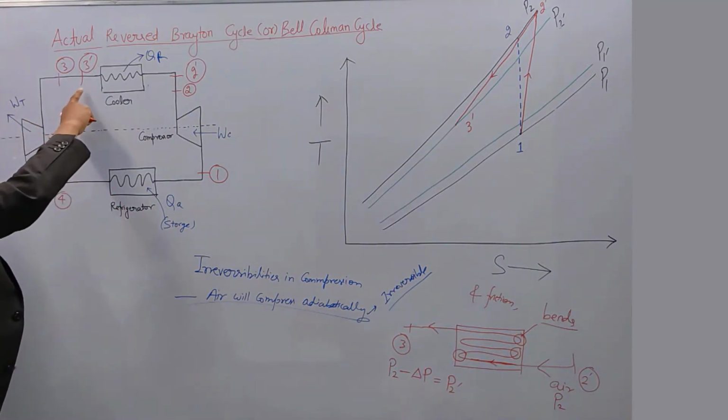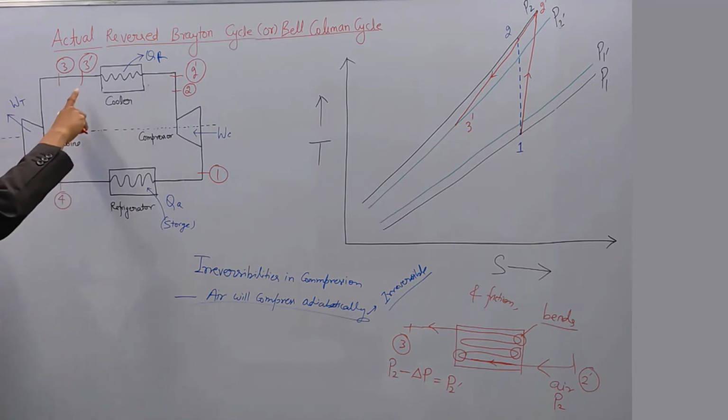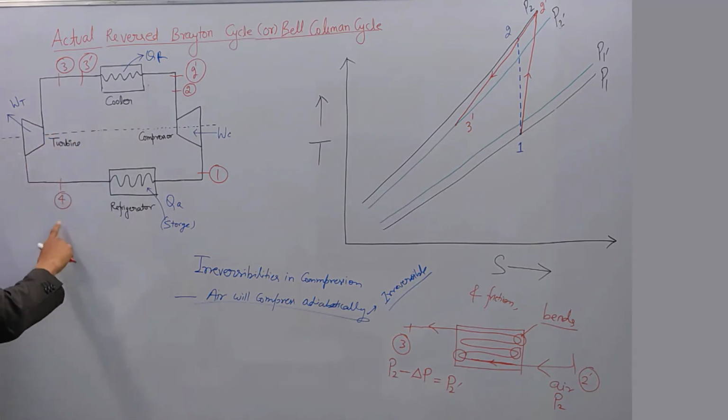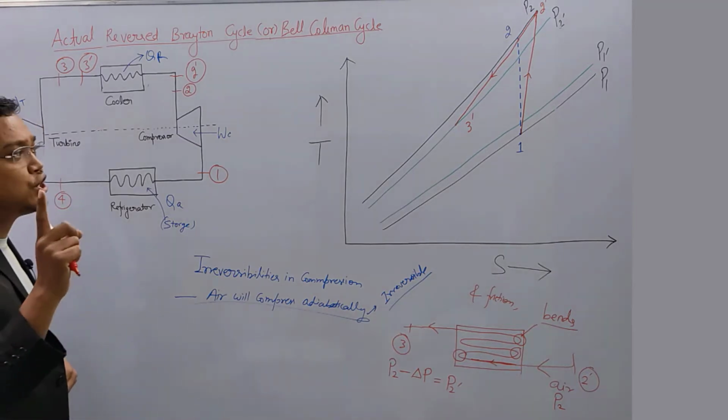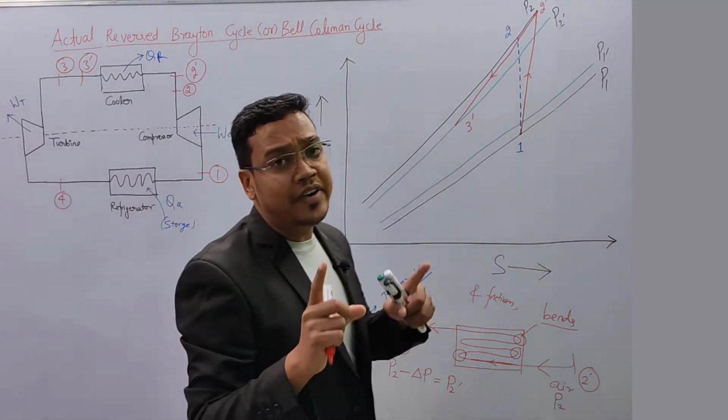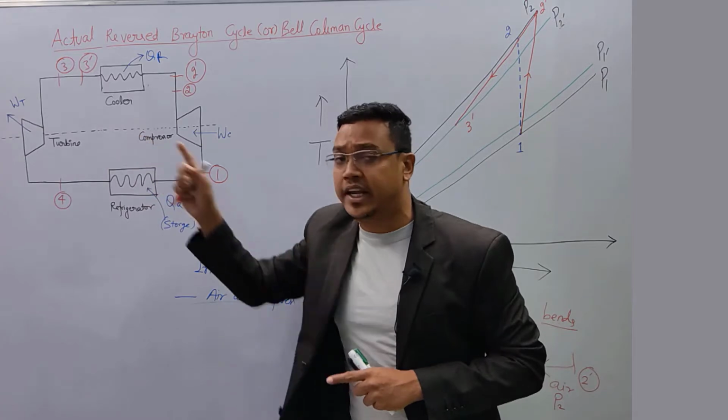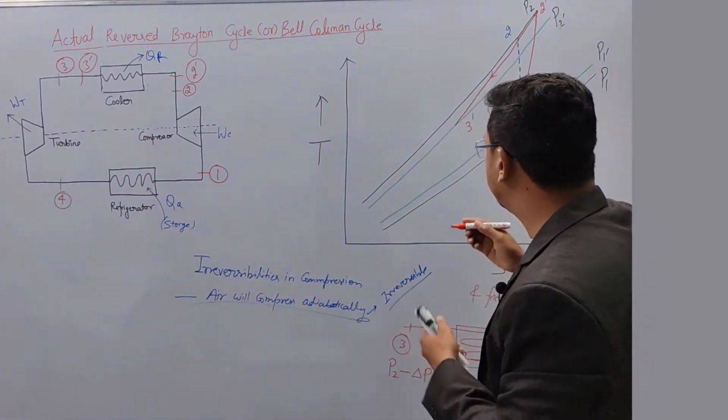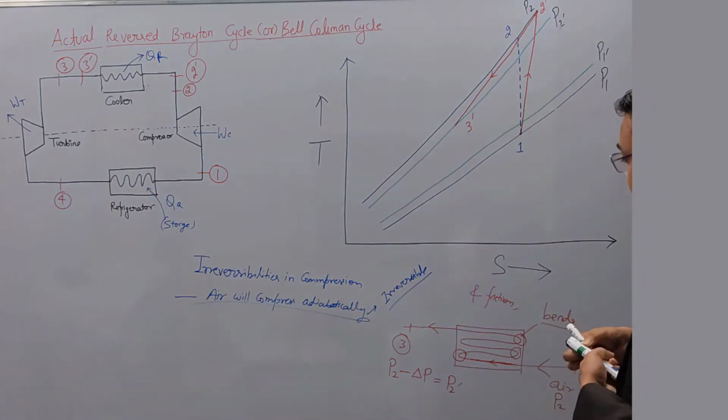This is the actual process. Now from point 3 dash to 4, in the turbine expansion will occur. So if it is an ideal process, then the process will occur like this.